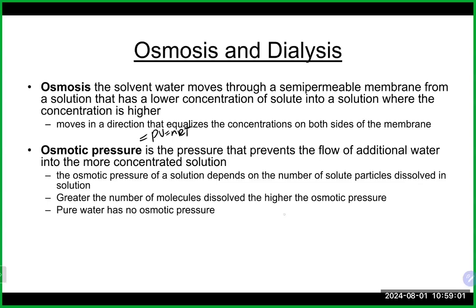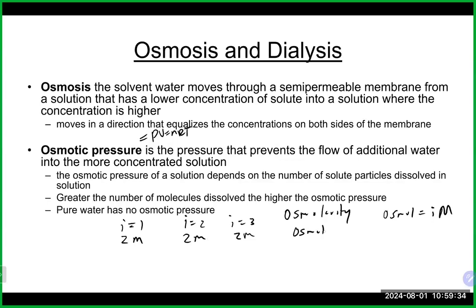Another measurement of osmotic pressure is osmolarity, which, much like it sounds, is calculated by i times the molarity, i being, again, the van 't Hoff factor. So if you think about something that has an i value of 1 versus an i value of 2 versus an i value of 3, and they all had the same concentration of 2 molar, the osmolarity would be 1 times 2, which gives us 2 osmolarity.